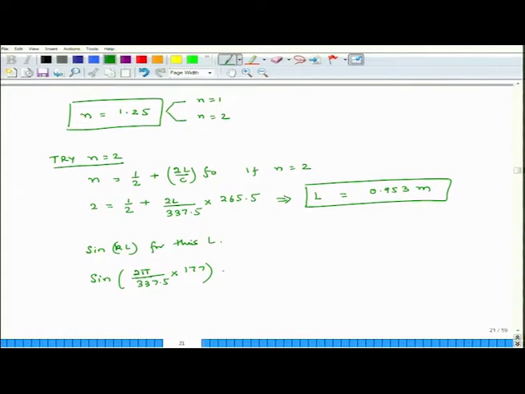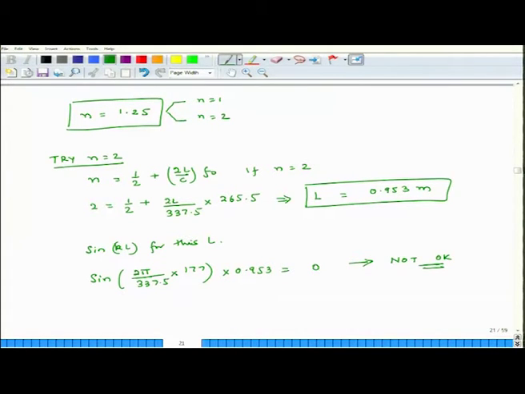So, this into 0.953 comes out to be 0. So, obviously, this is not okay. We are not happy with this solution.